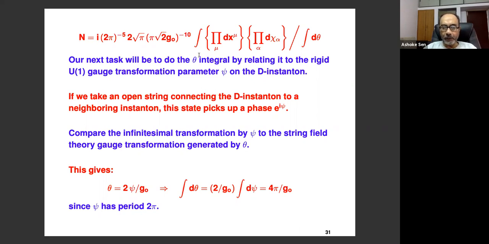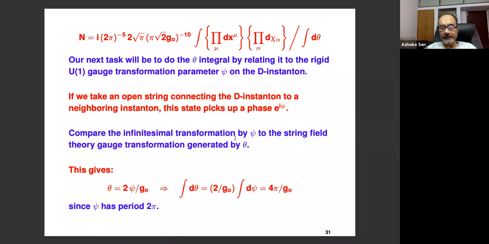But now we want to find a relationship between theta and psi. So we compare the infinitesimal transformation by psi, which just gives you i psi times the original state, with the string field theory gauge transformation generated by theta. This is known in terms of the star product.